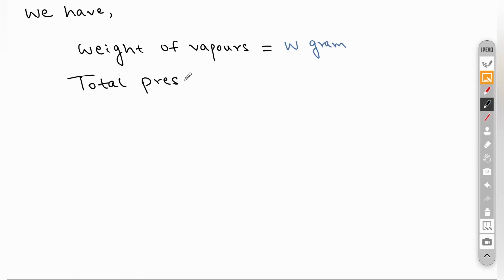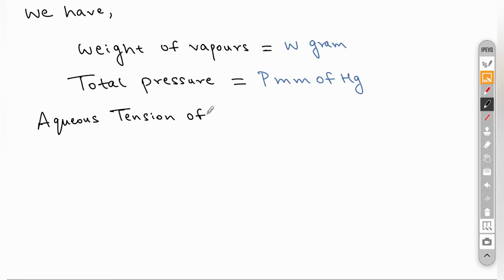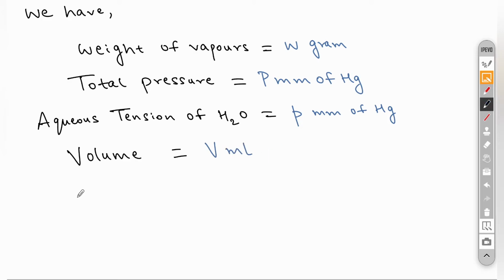Also, total pressure is equal to capital P mm of Hg, aqueous tension of water is equal to small p mm of Hg. Aqueous tension is also a kind of pressure, right? Volume is equal to capital V ml, temperature is equal to capital T Kelvin.